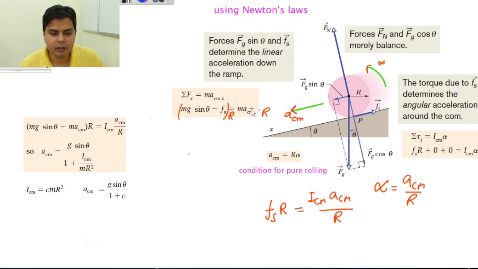One unknown is Fs, another unknown is A_CM. So I get A_CM equal to g sin theta divided by this factor.